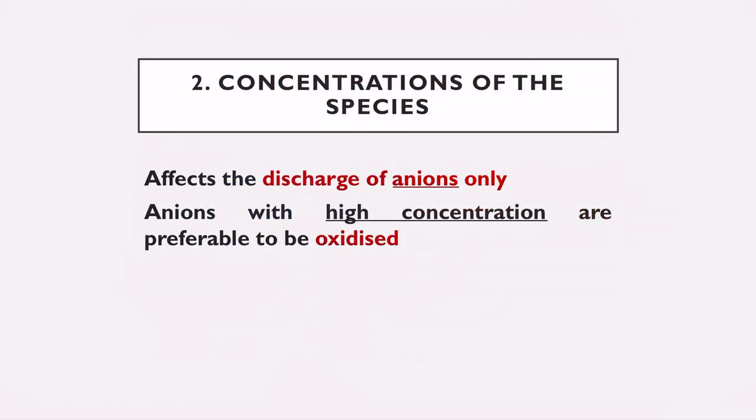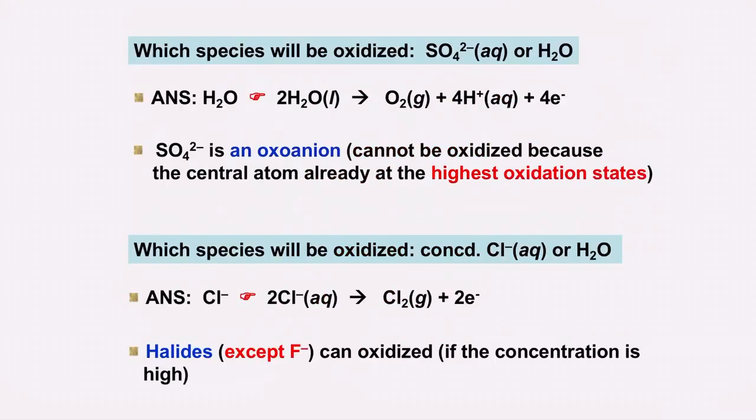Now, I want to point out, let's say you have SO4 2 minus and water. Which one of these will be oxidized at your anode? Which of these anions will be oxidized?